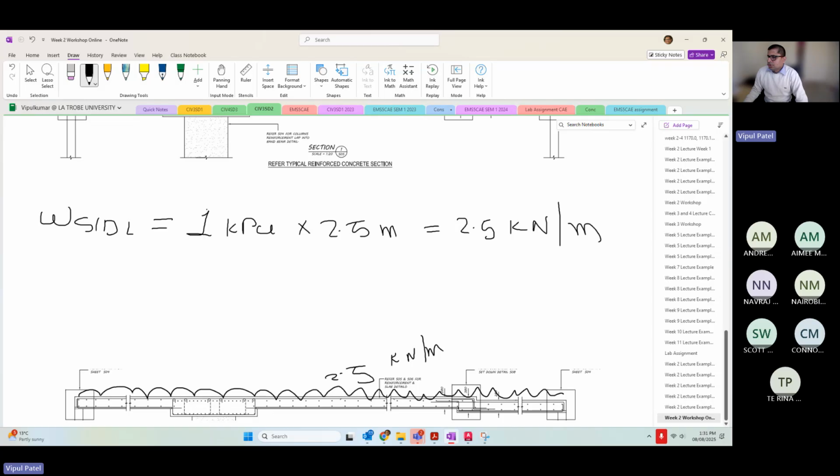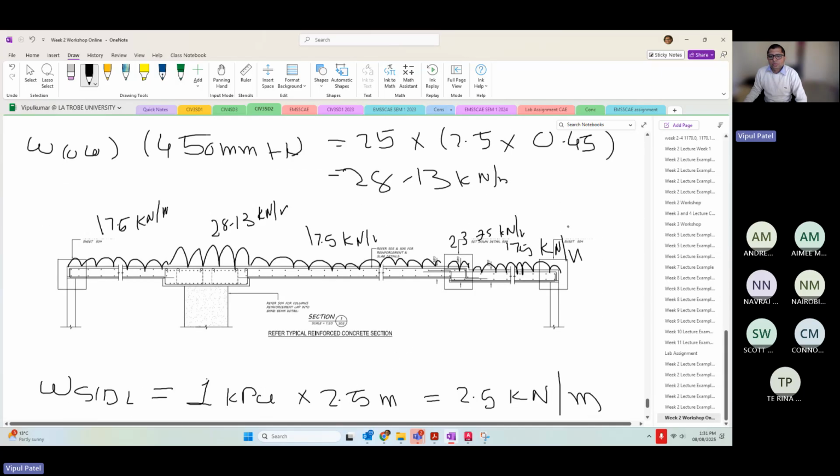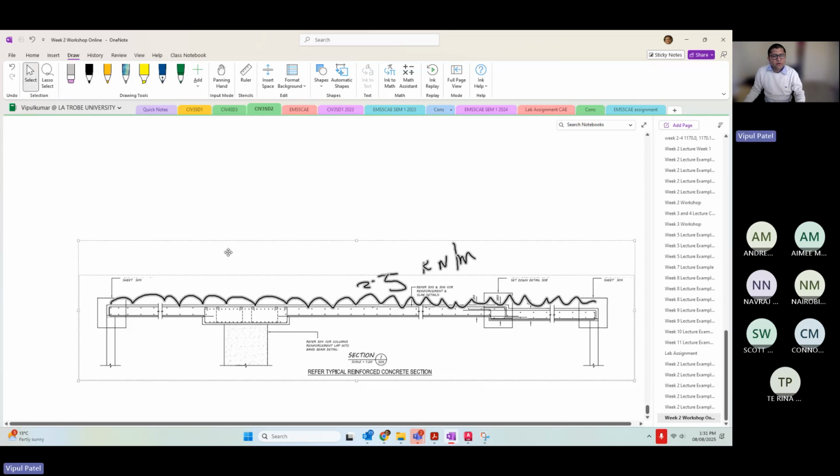It's clean. And so total dead loads we can just add up: 17.5 plus 2.5, 28.13 plus 2.5, 17.5 plus 2.5, 23.75 plus 2.5, 17.5 plus 2.5. You are going to get the final dead load.